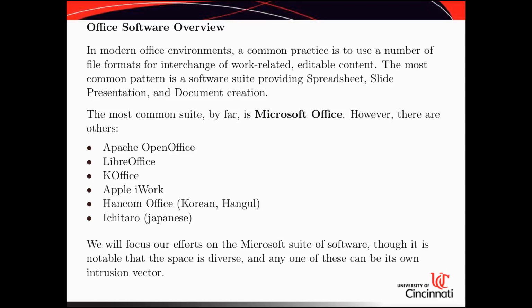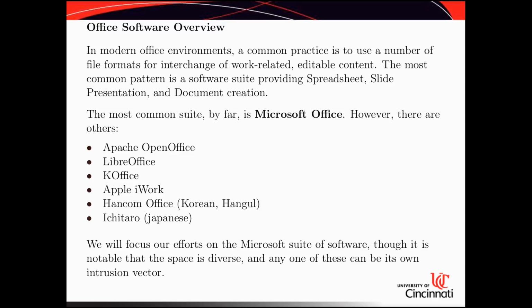Hancom Office is Korean, also called the Hangul word processor, mainly because the Korean character set is conceptually and literally much different than English and most Western languages. Ditto for Ichitaro, the Japanese one. I've seen those two used a lot if you do a lot of work outside of Europe and the Americas. We'll focus on the Microsoft suite of software, but it's notable the space is diverse.